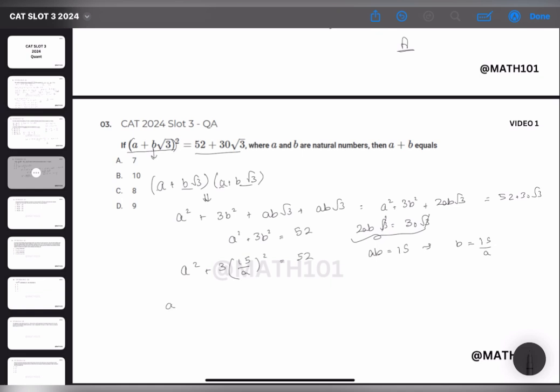So a square plus 675 by a square equals 52.